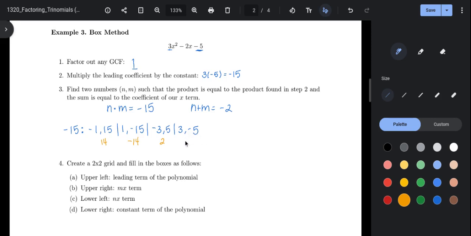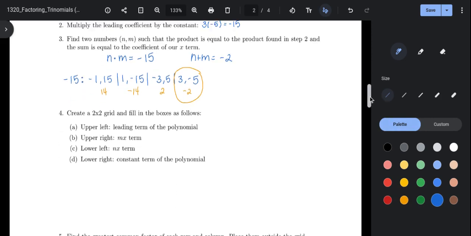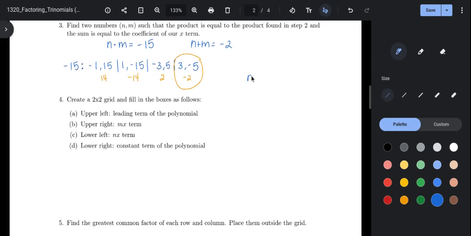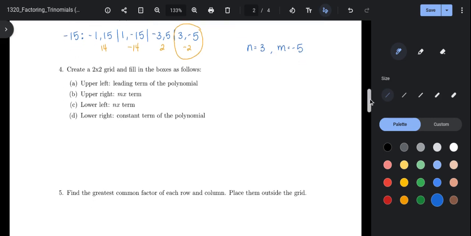And 3 plus negative 5, we get negative 2. So here we know that we want n and m to be equal to 3 and negative 5. It doesn't matter which one you say is n and which one you say is m, it will all end up working out the same way. So I'll just say that n is 3 and m is negative 5.